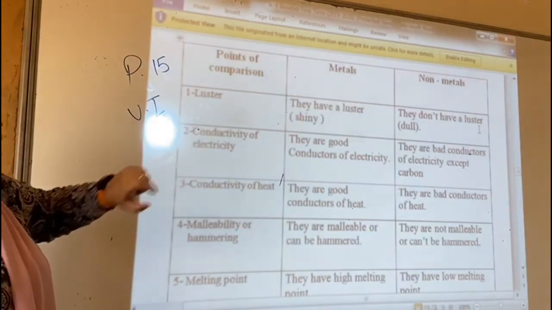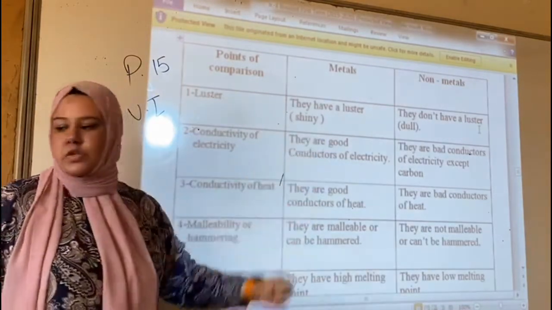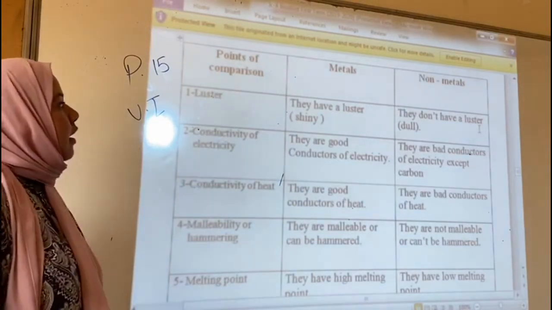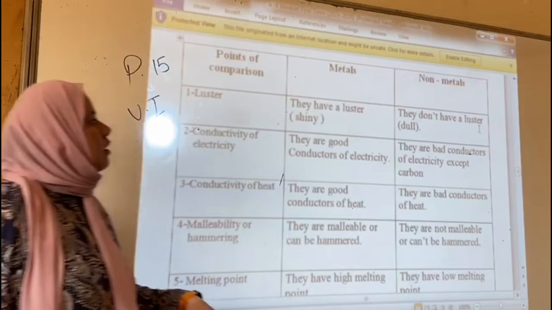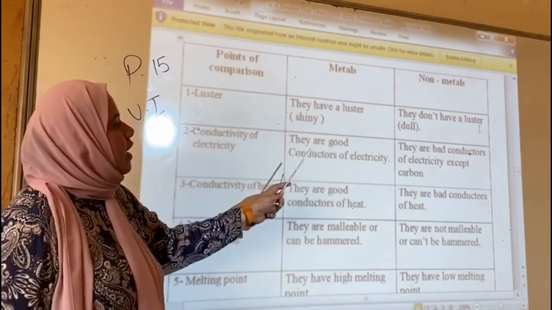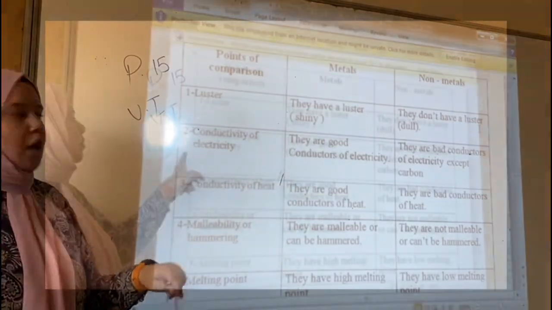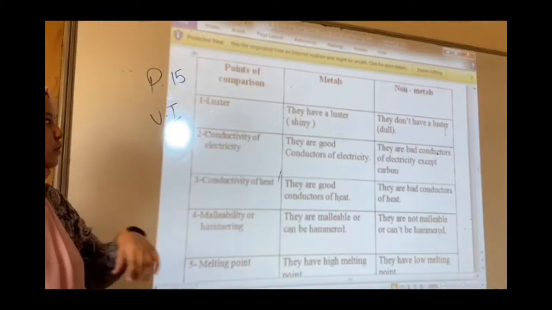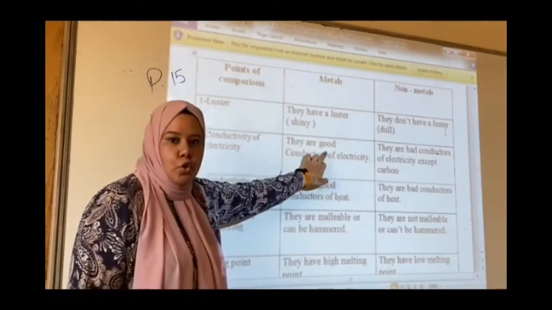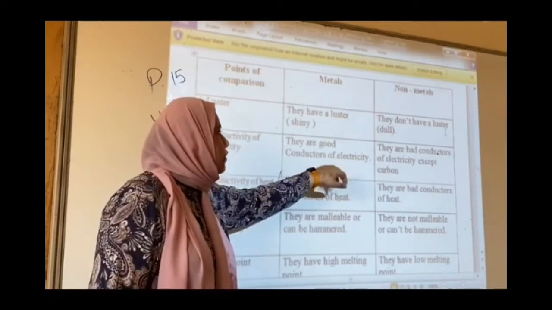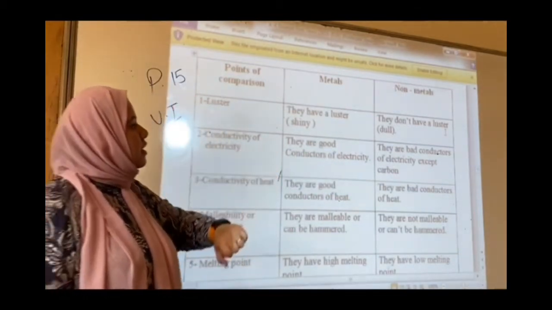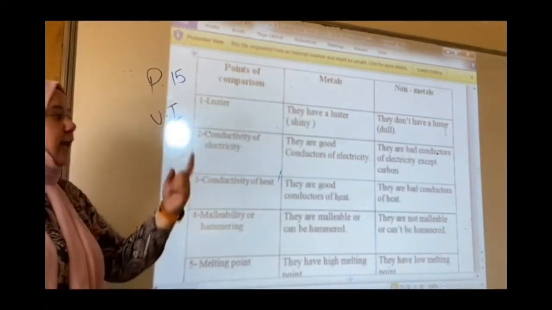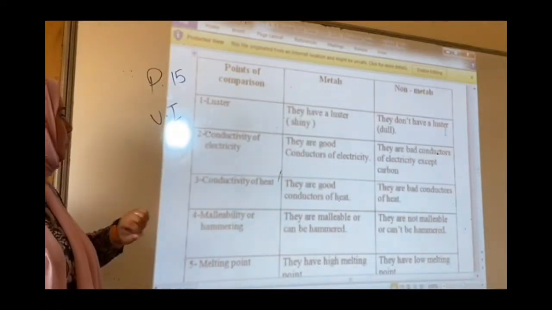As we said before, metals have luster, they are shiny. Non-metals don't have luster, they are dark. 2, conductivity of electricity. Metals are good conductors of electricity. Non-metals are bad conductors of electricity, except carbon.